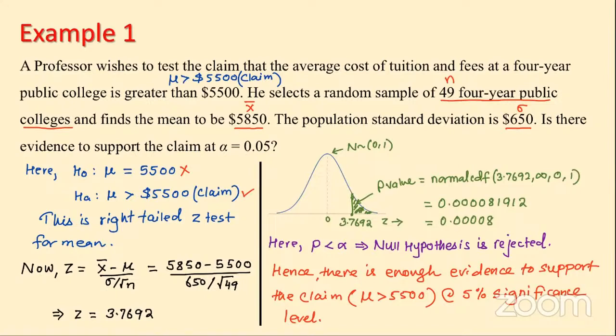So this is how we can use those 5 steps to solve the hypothesis testing problem. You can clearly see that when we started with the first step and came to the fourth step and made that decision, we made the choice between the null or the alternative hypothesis, right?